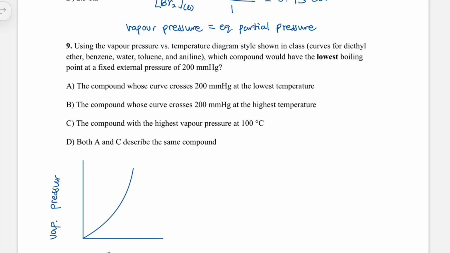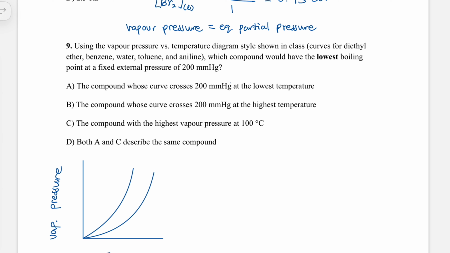And then I'm going to draw 2 different graphs just so it's easy to compare the effects of each one. So these options are like 200 at the lowest temperature and then 100 degrees Celsius. So I'm going to label all of those on the graph. So I'll say 200 is over here, and then let's make 100 degrees over here.